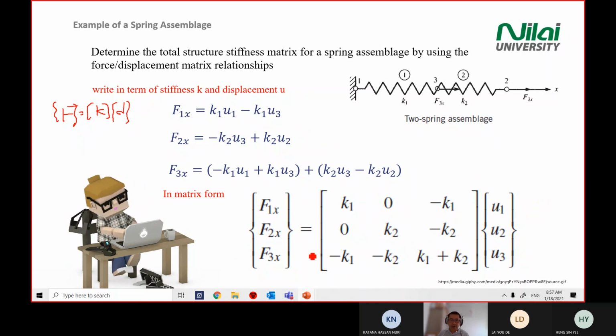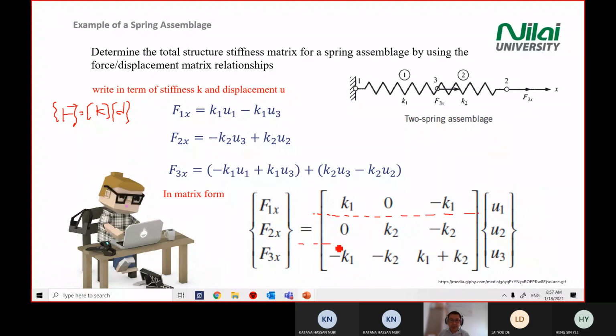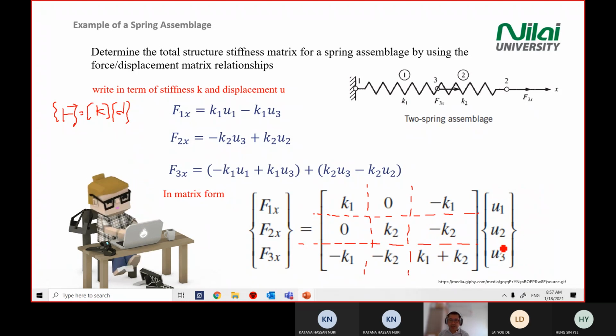Okay. Now I'm going to explain how you put the K components here. You can actually break the matrix into coordinates. My method is to break it into 3 columns and 3 rows, because I know that I have 3 displacements, or 3 degrees of freedom.